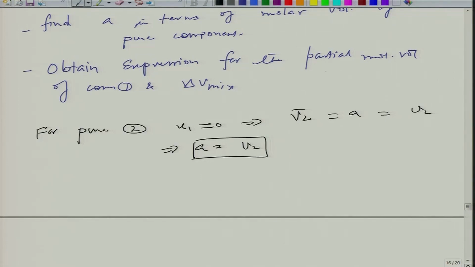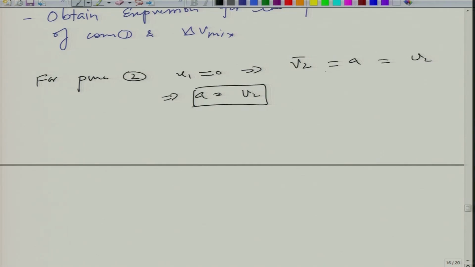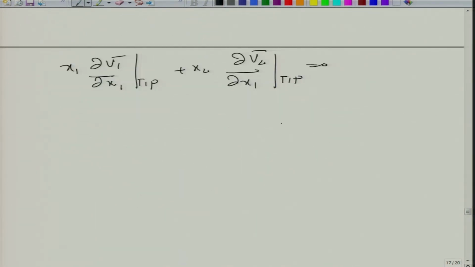Now, we need to find out the partial molar volume of component 1. So, we will start with the Gibbs-Duhem relation, because this is the one which relates both the partial molar properties with the composition. So, for the binary component, we can write this. Okay.